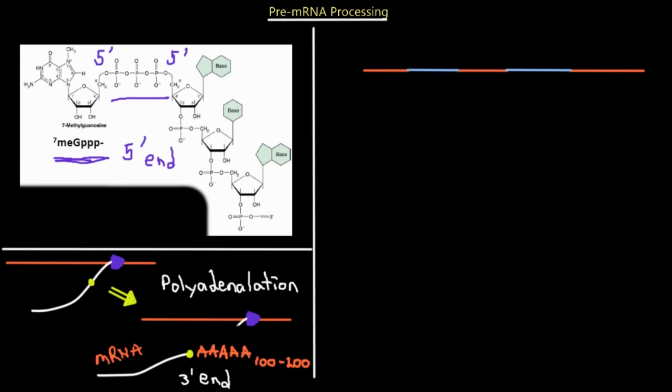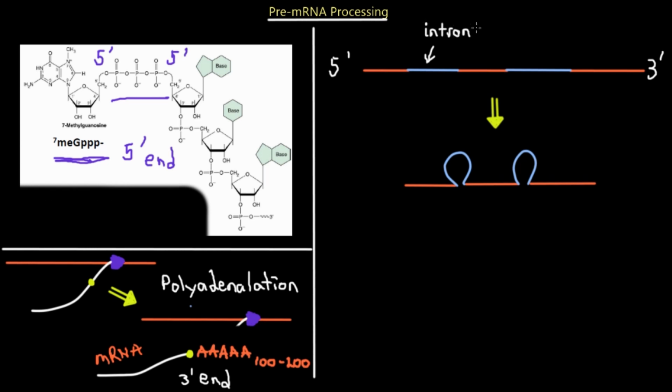And the last part of processing, once we have the 5' end and the 3' end processed, is something called splicing. In splicing, we're going to have introns. These blue parts are going to be introns, and these orange or red ones will be exons.